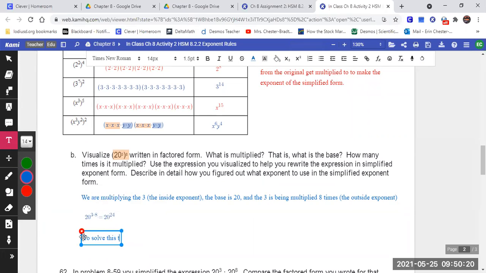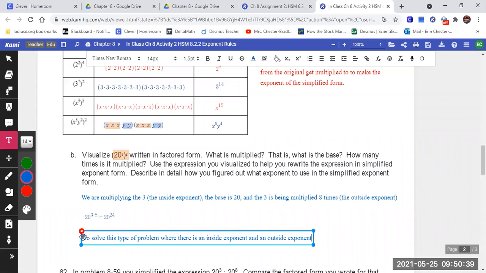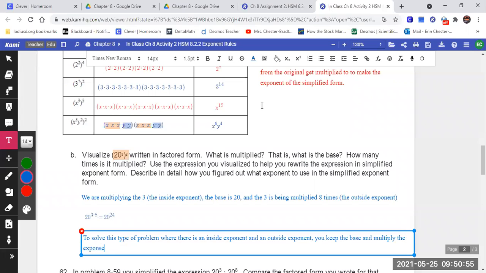To solve this type of problem where there is an inside exponent and an outside exponent, you keep the base and multiply the exponents together to get the simplified form, right?